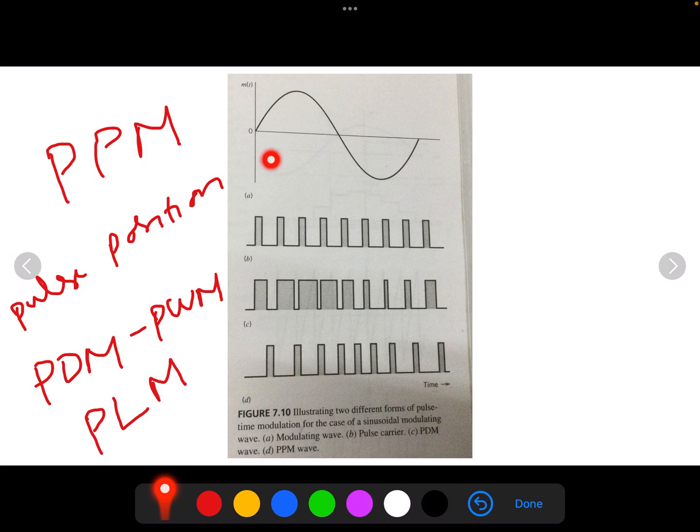If you observe, this is a message signal m(t), this is a series of pulse carrier, and this is a PDM. Here the trailing edge of each pulse is varied, the width is varied in accordance with the message signal, which is assumed to be sinusoidal as shown in this figure.